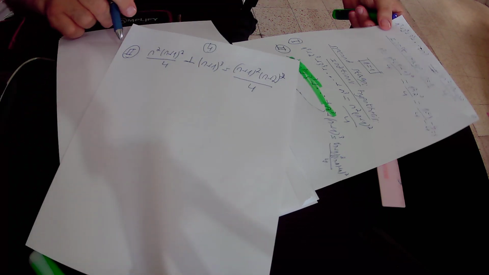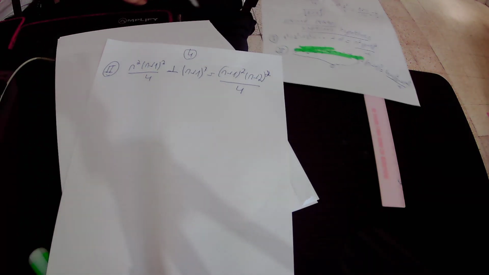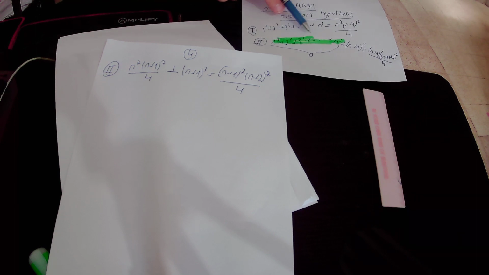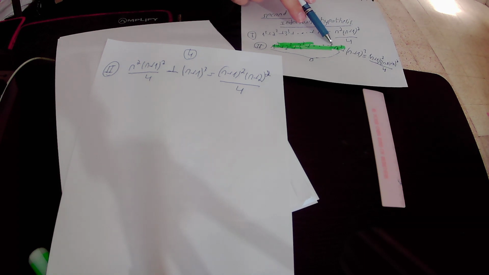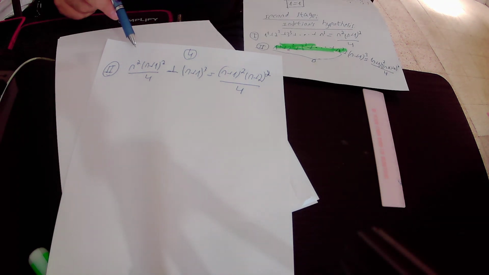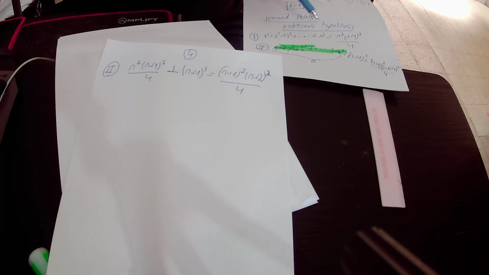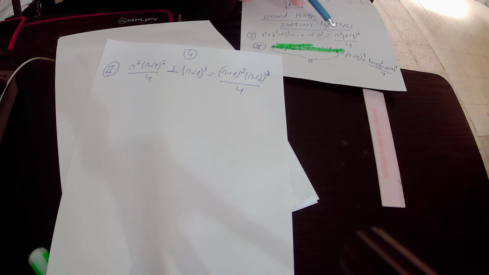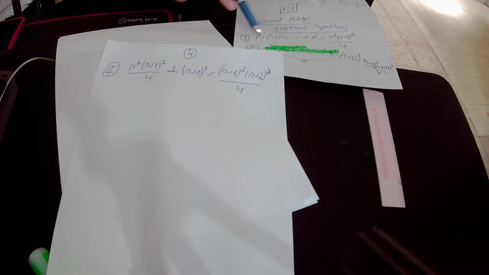this is the expression that we must prove, and we actually substituted the expression in the green color by n squared times (n plus 1) squared divided by 4, because according to our assumption they are equal to each other according to the first expression.